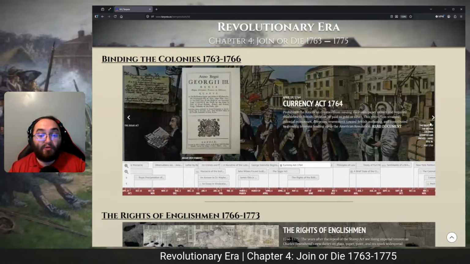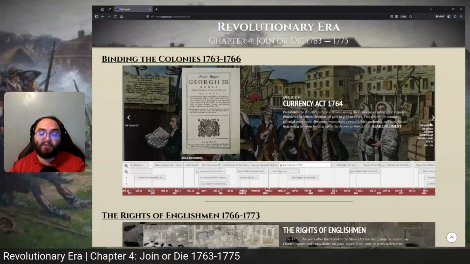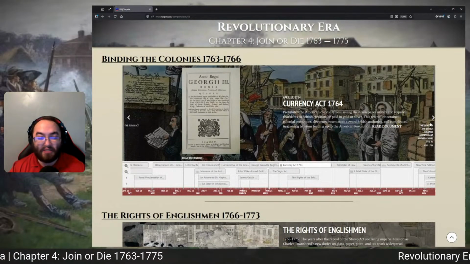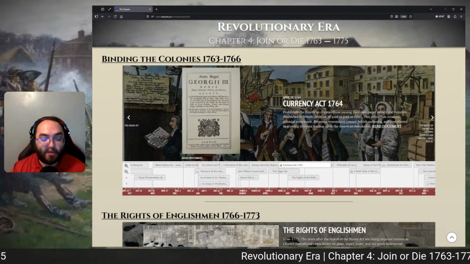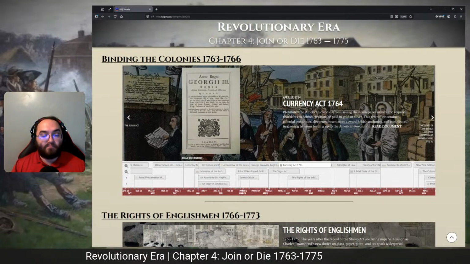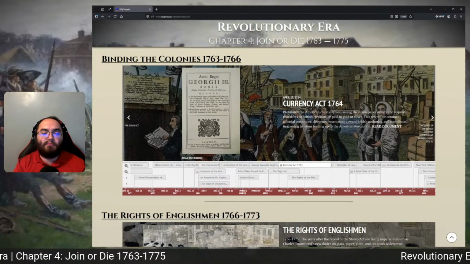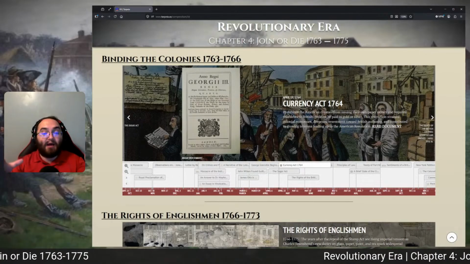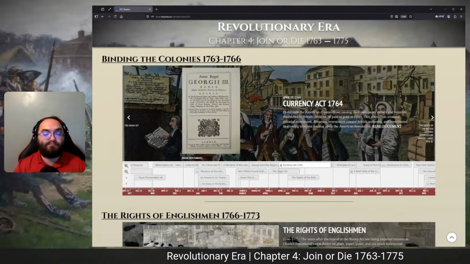And then you also have the Currency Act of 1764. There was a previous Currency Act of 1751 or 52 in the previous chapter, and this Currency Act expanded that. That act pretty much only impacted the Pennsylvania colony, but now this act affects all the colonies.